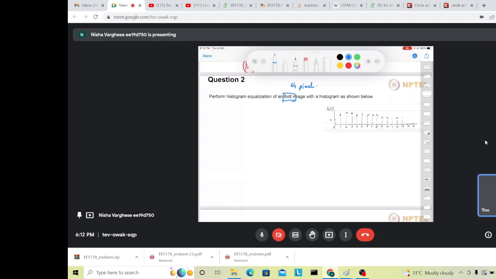Here we can see that the gray levels are from 0 to 15. So 0 to 15 means we have a 4-bit image, where every pixel is represented using 4 bits, from 0000 up to 1111, meaning 15. So you have 16 gray levels.